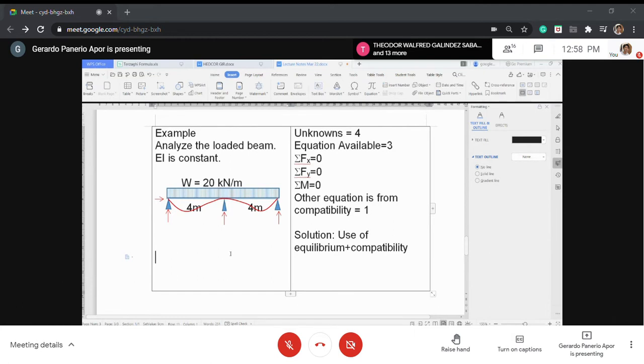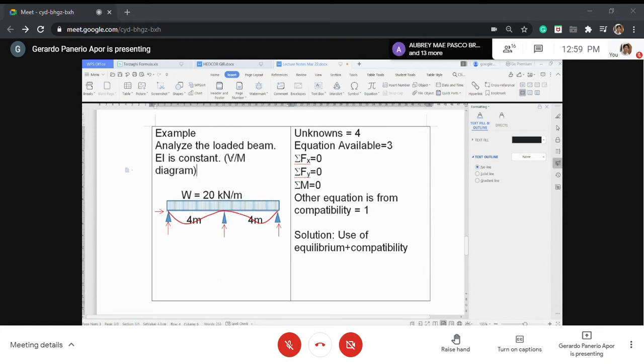And we cannot determine the shear, because when we analyze, it's basically the V and M diagram you are looking at. This is the most important course in the analysis because once you have the shear and the moment, you could start designing. You can start choosing the section that will make the structure safe because you have some basis.